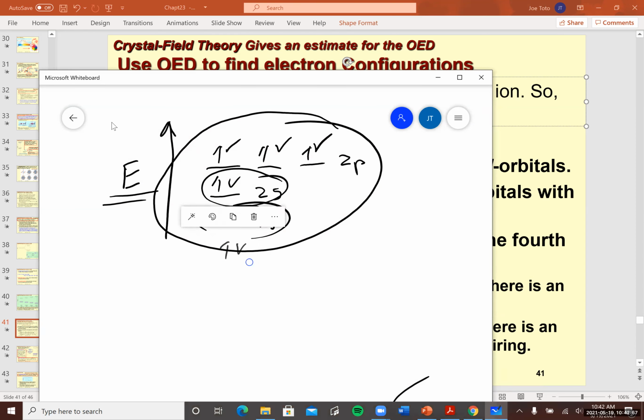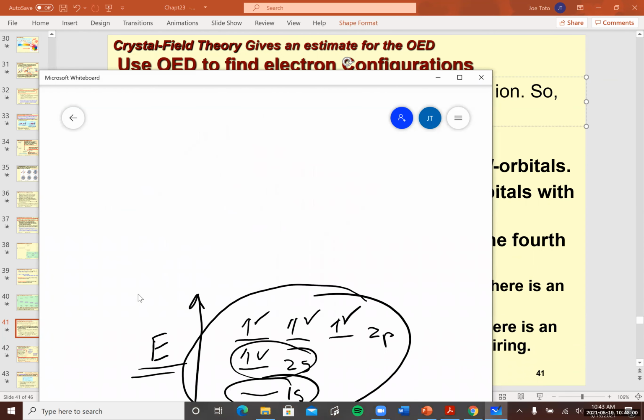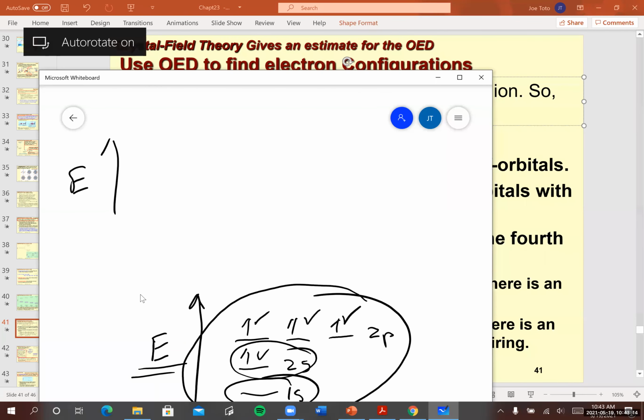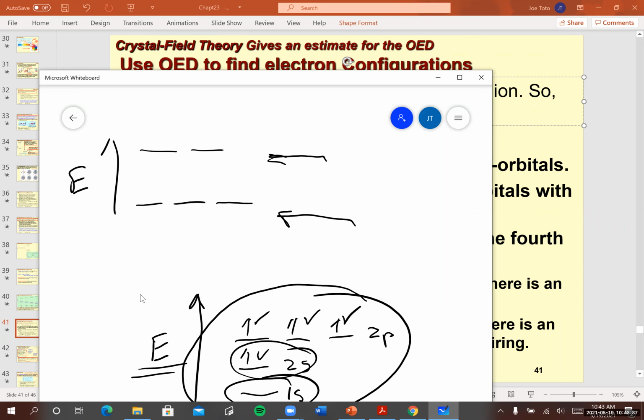Let me try to show you what I'm talking about. So we know that crystal field theory helps us arrange those d orbitals in terms of their energies. So I have a set of d orbitals that are lower than a set that are higher in energy. So up here are the dx squared minus y squared and the dz squared. Over here, those off-axis ones, the xy, the xz, and the yz are down here.